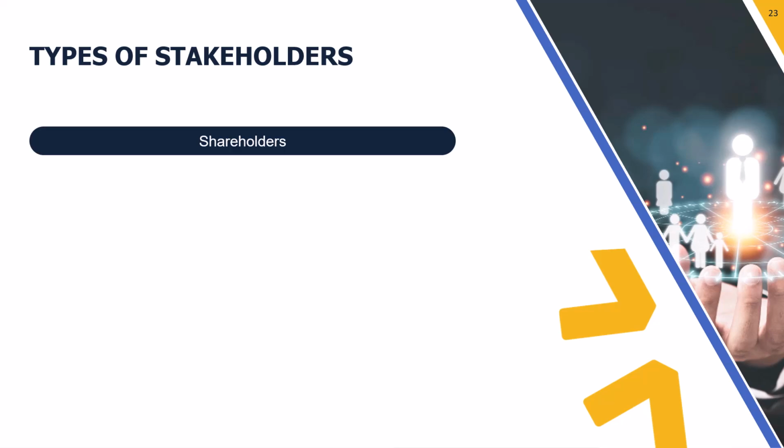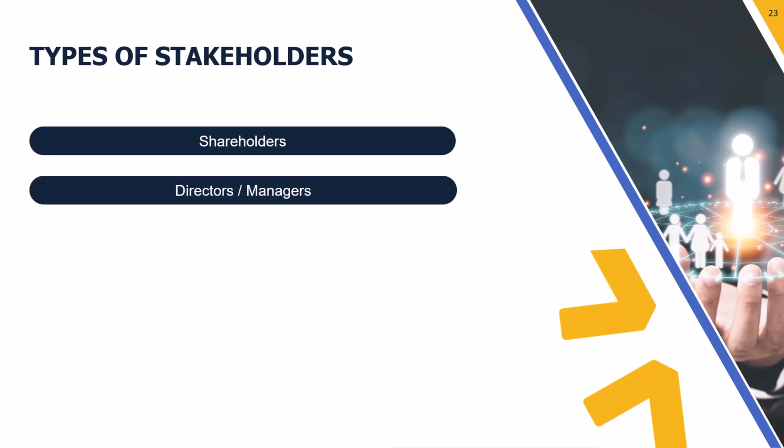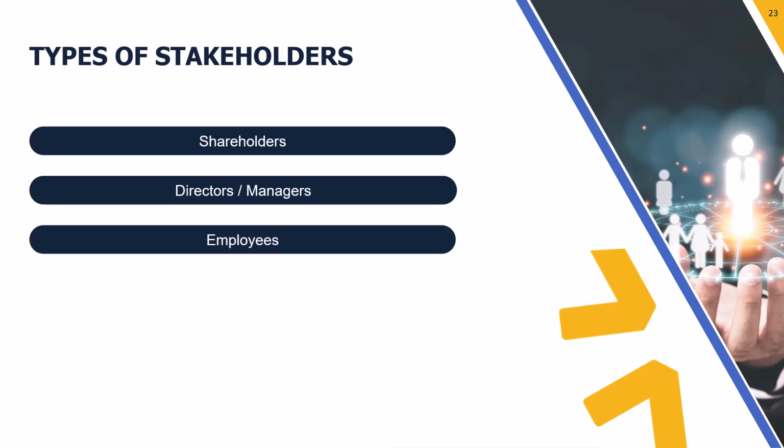Now, let's think about the different types of stakeholders. We've got our shareholders, and predominantly, as we've already seen, those are interested in their return and ultimately their shareholder wealth. Directors and managers are going to be interested in running the organisation on behalf of the shareholders, but they're also going to be interested in the return that they can generate for themselves.